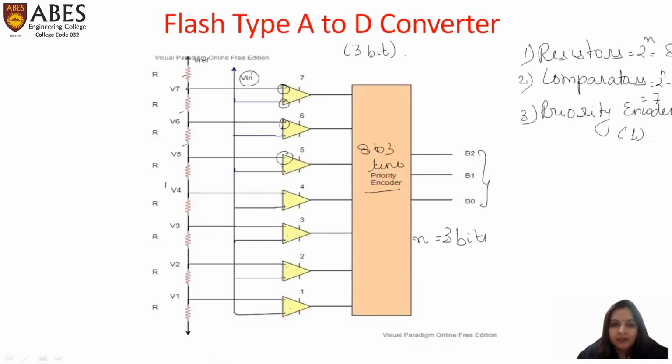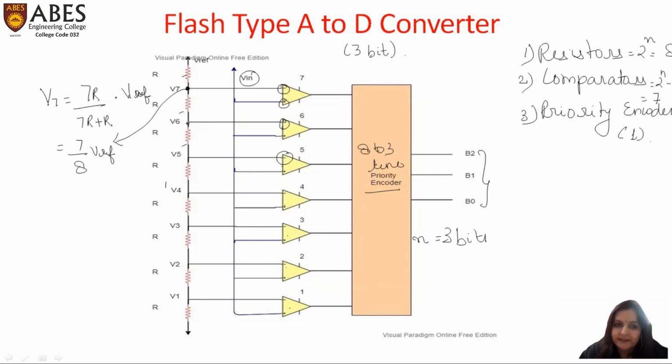So this voltage divider rule concept we'll be using here. Whenever I need to calculate the voltage at point V7, it will be equivalent to this resistance over the sum of all these resistances. These total resistances are 7R upon 7R plus R, into V reference. So it will become 7 upon 8 V reference. So at this point, the voltage is 7 by 8 V reference.